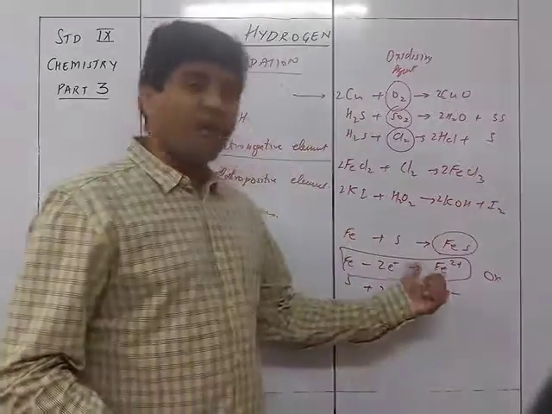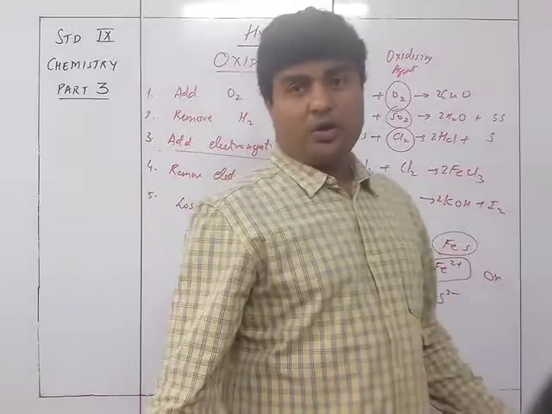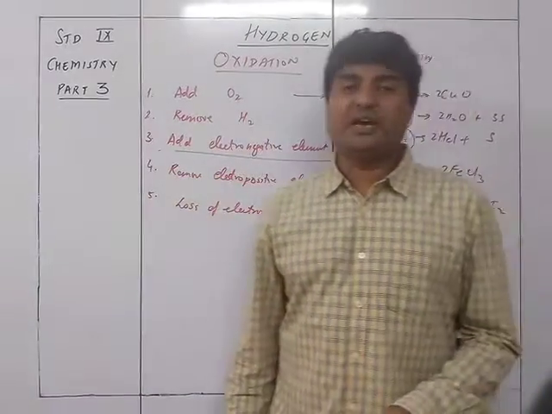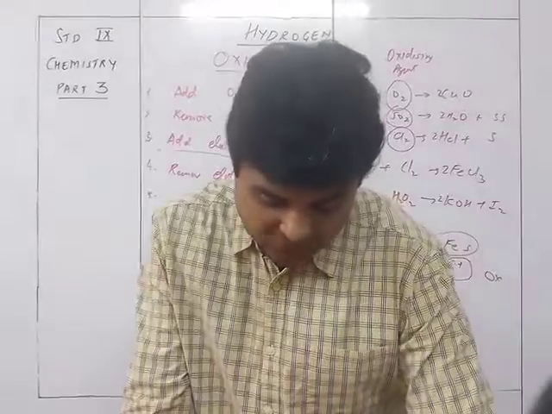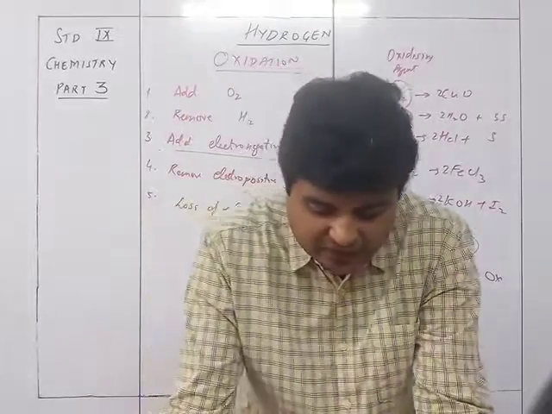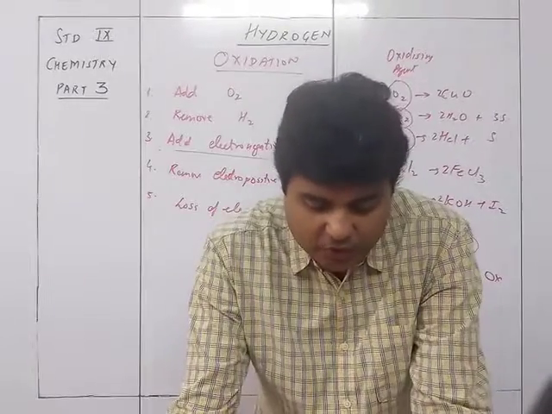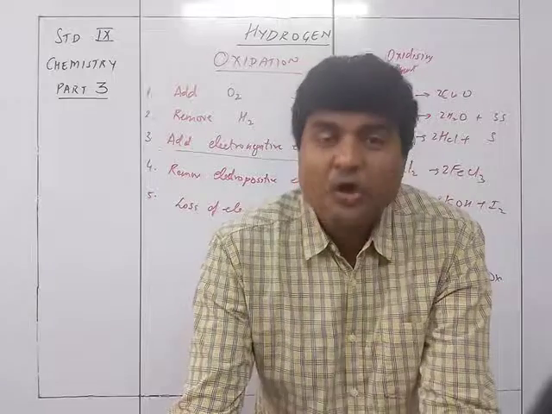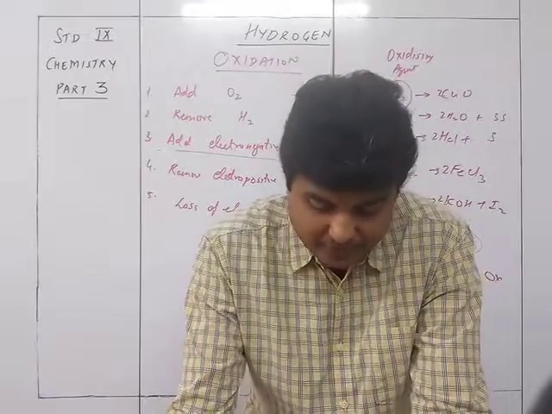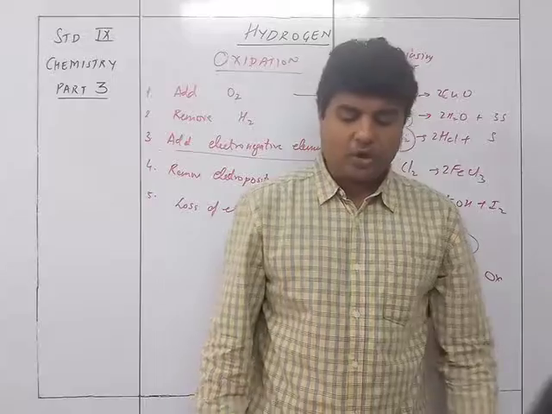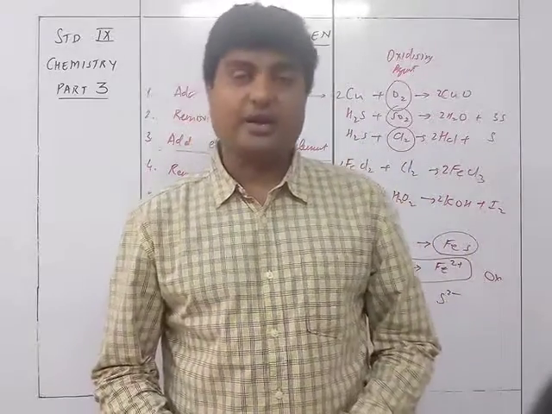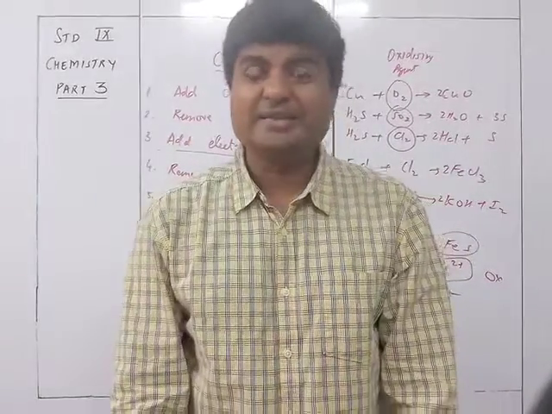So this part of Fe losing electrons to form a positively charged ion is called oxidation. Oxidation on the basis of the atomic model: when an atom or a group of atoms loses electrons, oxidation is said to have taken place. The atom or group of atoms which gains electrons is said to be the oxidizing agent.